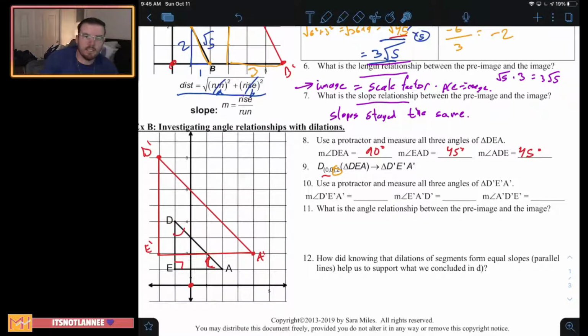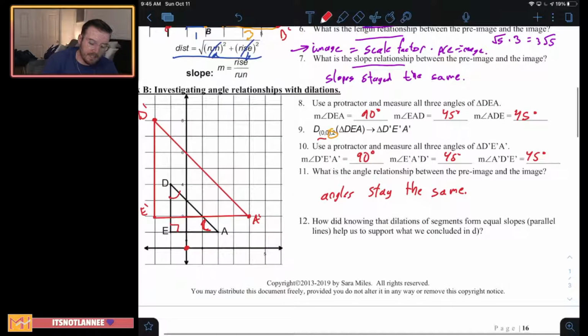It's something that we kind of have an intuitive sense of, but it's honestly pretty important, that when you dilate, all of these angles are going to be the same as they were. 90, 45, and 45. Angles are equal. They stay the same when we dilate. That's a pretty big deal. They are equal.